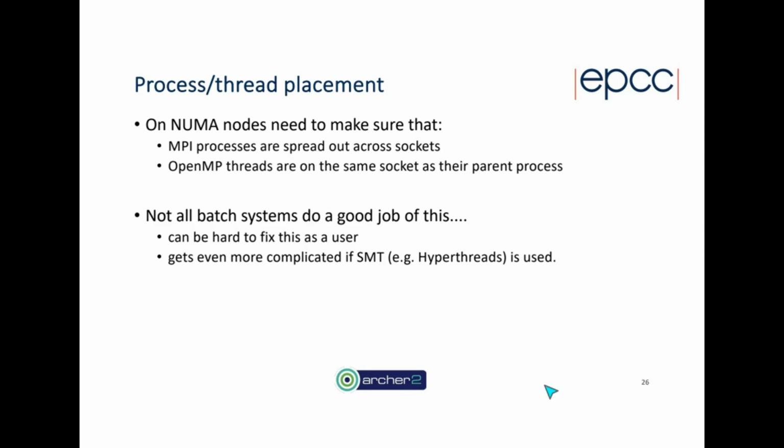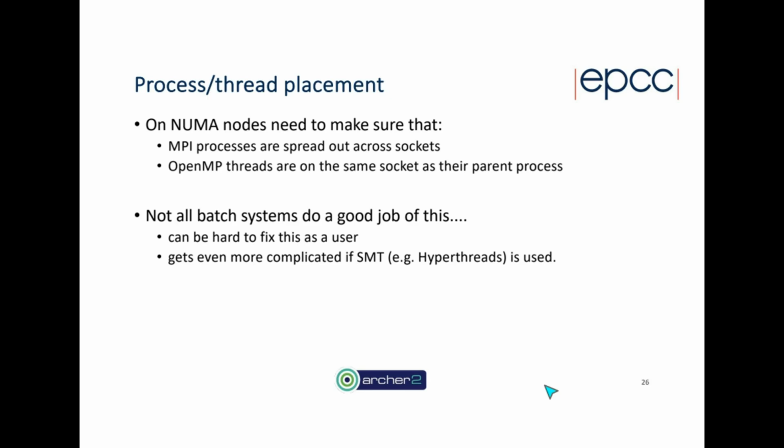And even on ARCHER2, where this can get complicated is if you want to exploit SMT. If you want to use hyperthreads, so you want to run more than one OpenMP thread per physical core, then getting the mapping correct might not always happen. The default settings might not always do that correctly for you. So you then have to think rather carefully.